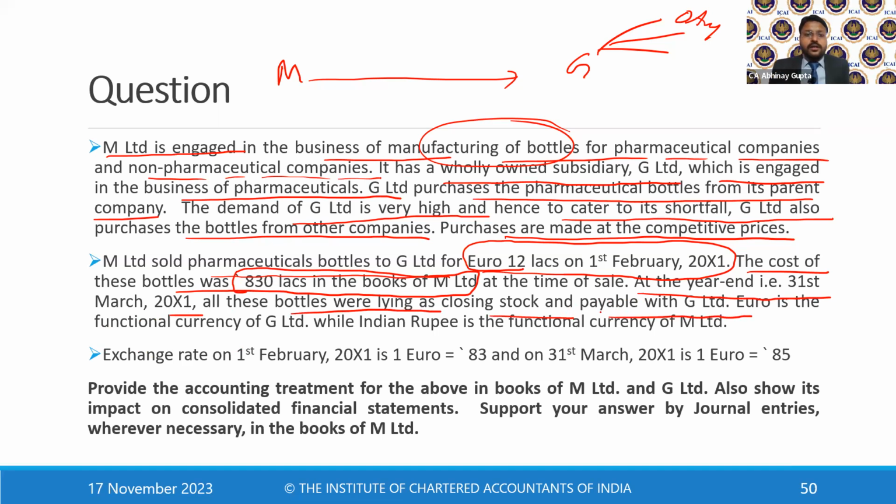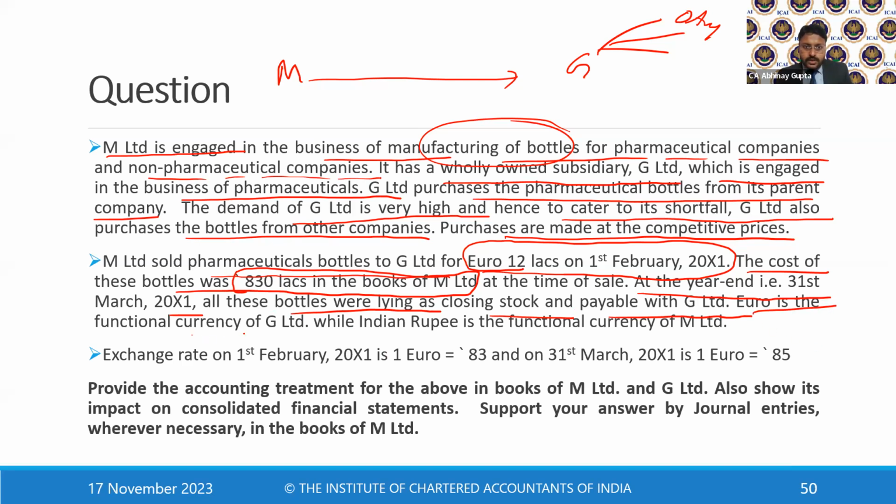So these bottles were unsold and there is a creditor balance in the books of G Limited, because the subsidiary purchased those bottles for euros 12 lakhs, and the cost of those bottles is 830 lakhs in M Limited's books.